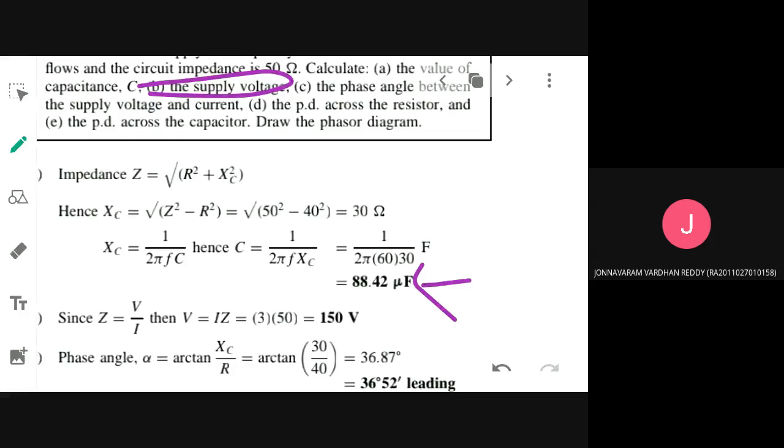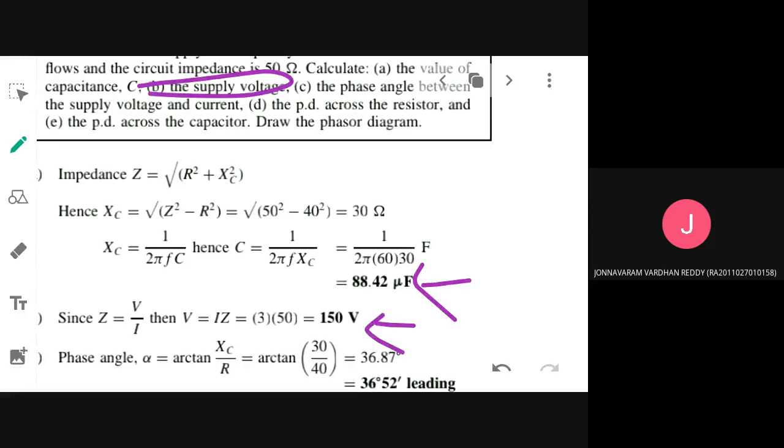Z you can find, and I is directly given in the problem, so you can find out what is V. V value 150. All got V value 150. Then find out the phase angle phi. Tan inverse of 30 by 40. 36.87.